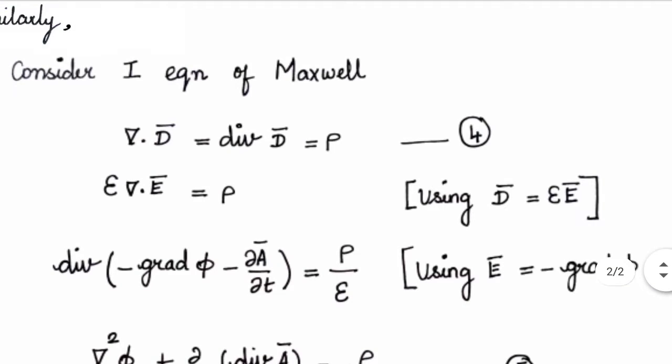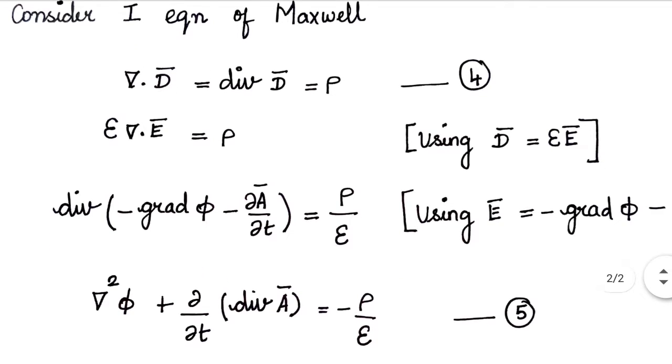We know D can be replaced by epsilon times E vector. So we get, taking the constant epsilon outside, epsilon del dot E vector equal to rho. And we can bring the epsilon to the other side. So it becomes rho by epsilon on the right hand side.